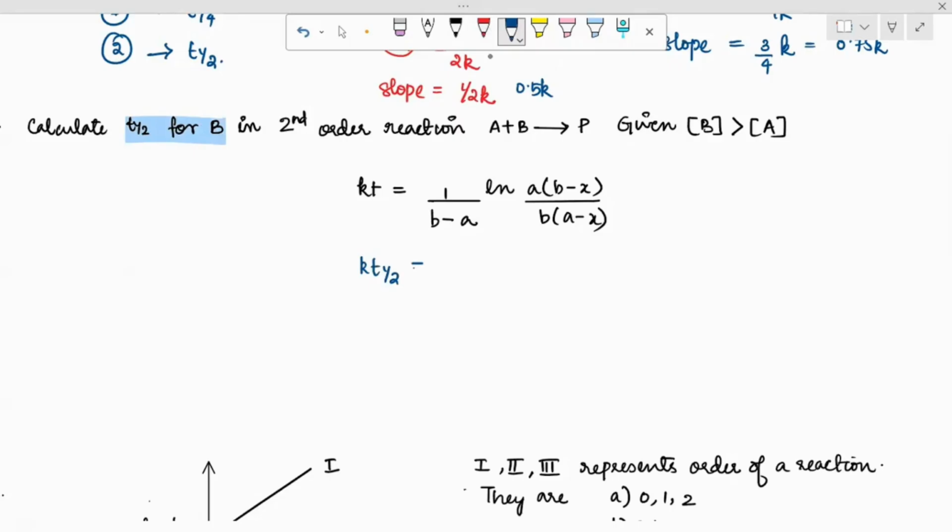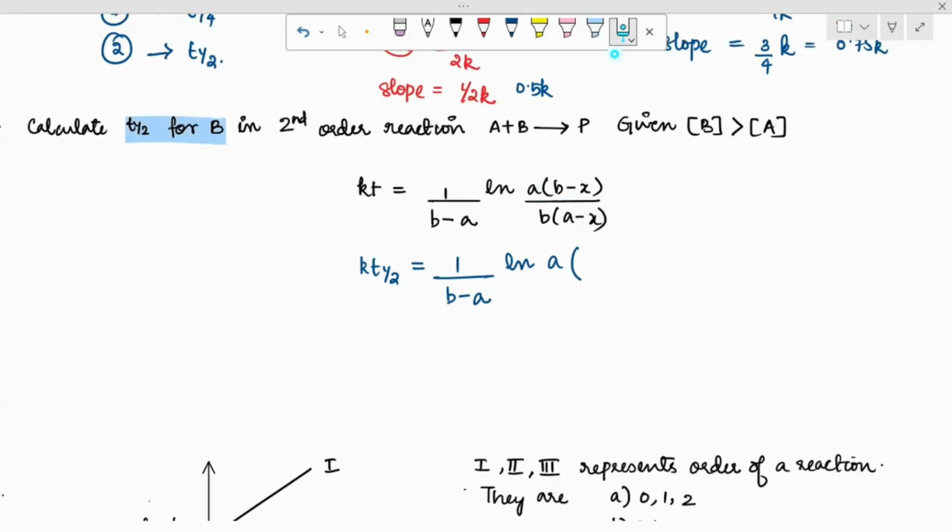K T half is equal to 1 by B minus A. This is the initial concentration. That's not going to change. Is equal to ln of A into, this is where we put the final concentration, B minus X. We have learned in our class that B minus X is the amount of reactant which is left.